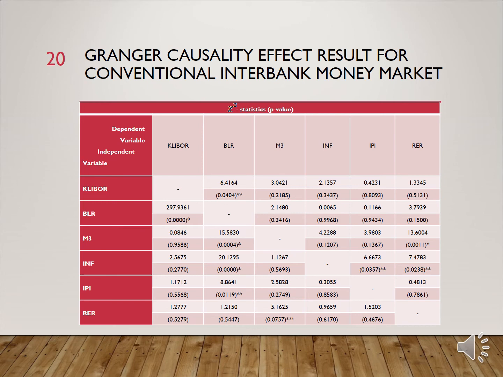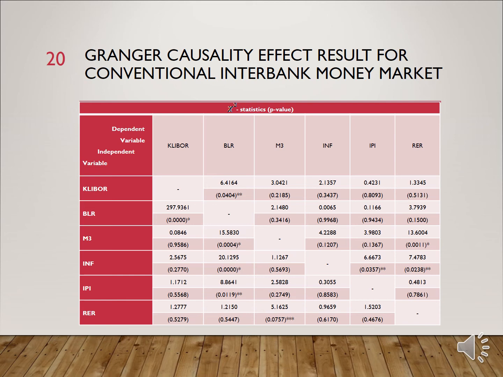The result found no interaction between the conventional interbank rate with other macroeconomic variables, meaning that there is no causality effect running in either direction between the conventional interbank rate with money supply, inflation, economic growth, or exchange rate. It could be concluded that the interest rate is the only causality factor to the changes in the conventional interbank rate.